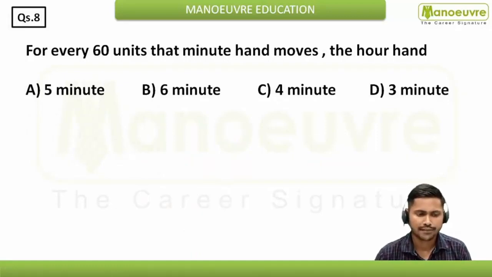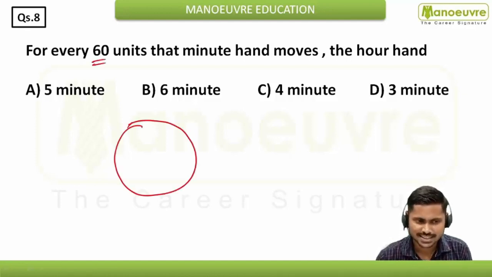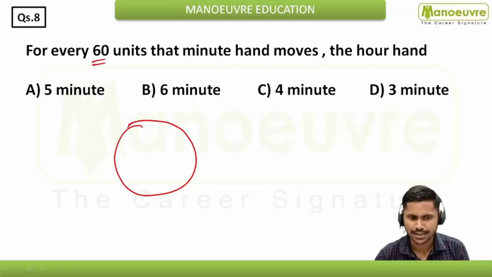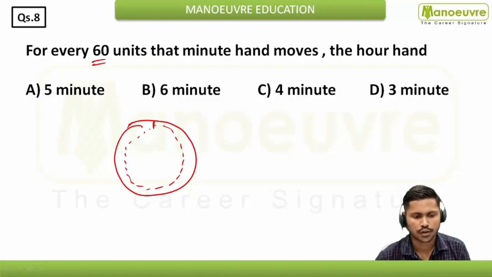Now, for every 60 units that the minute hand moves, the hour hand moves how much? Very easy question. Let this 60 unit be 60 minutes. In 60 minutes, the minute hand moves one round of this clock. Yes or no? Of course, it is revolving one round.